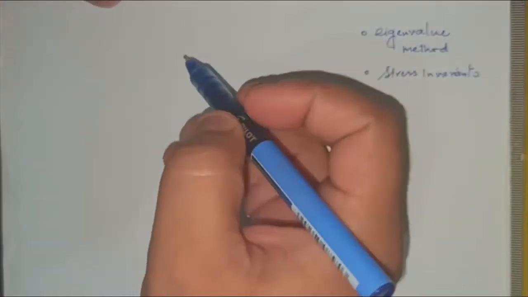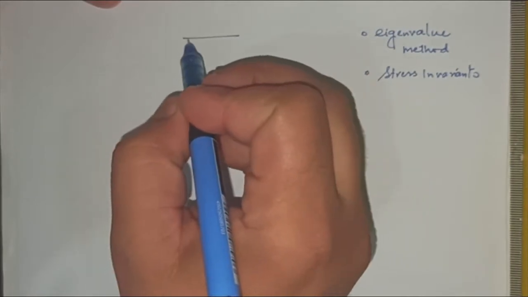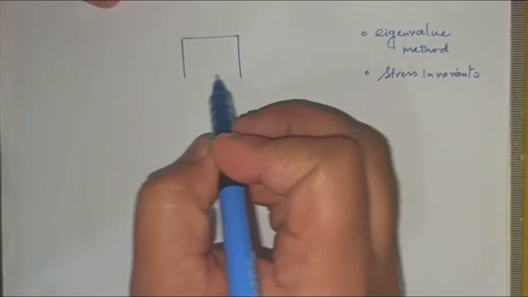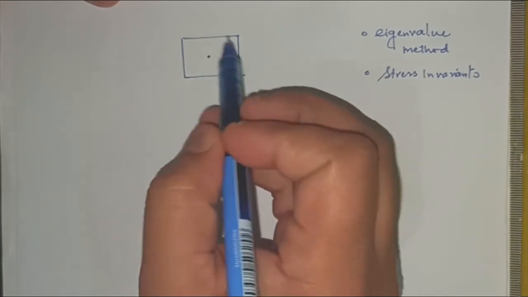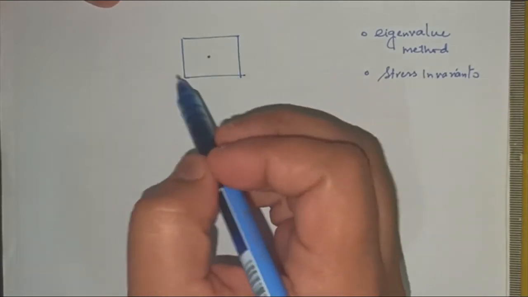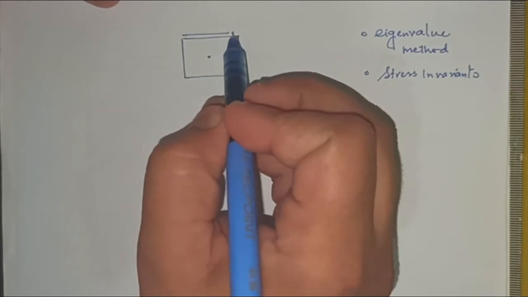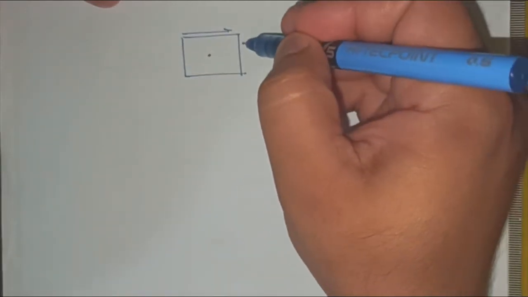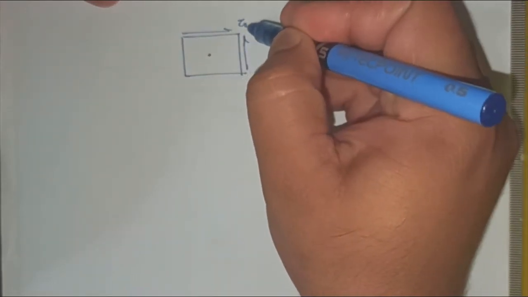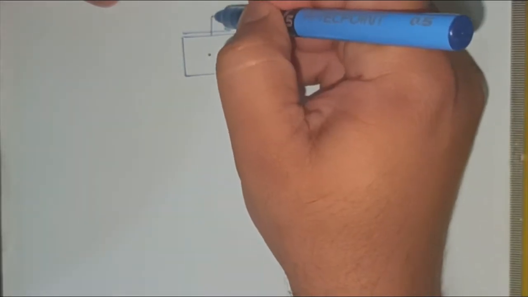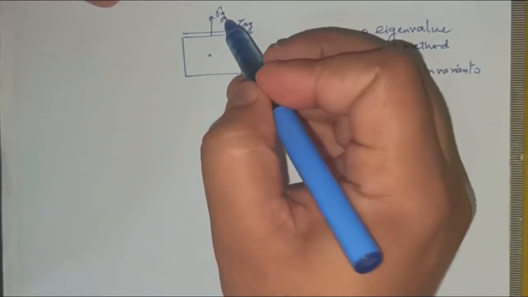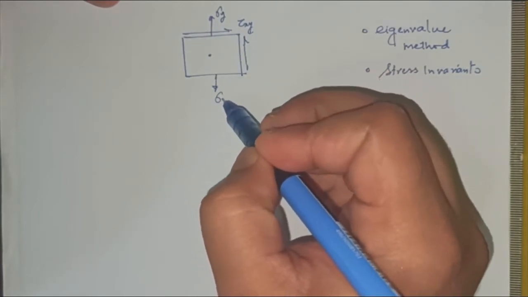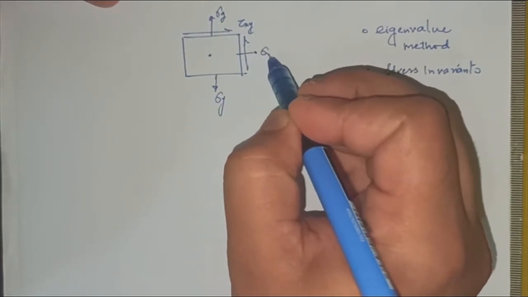Let me just review a bit what we have done earlier. This is a plane state of stress in which we have sigma xy, sigma y, and the normal stress sigma x.